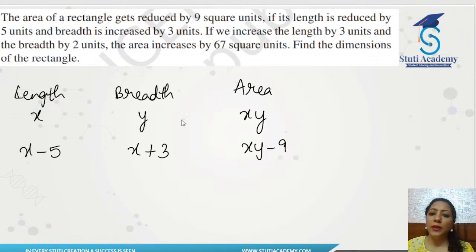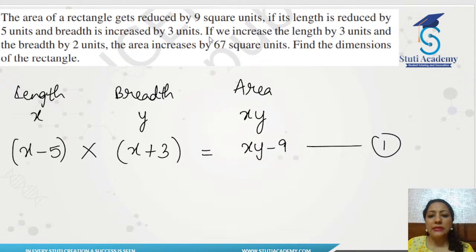In the same way, when we decrease the length by 5 and increase the breadth by 3, the area gets decreased by 9 square units. So in this case also, length into breadth will give you the area. That is the first equation.